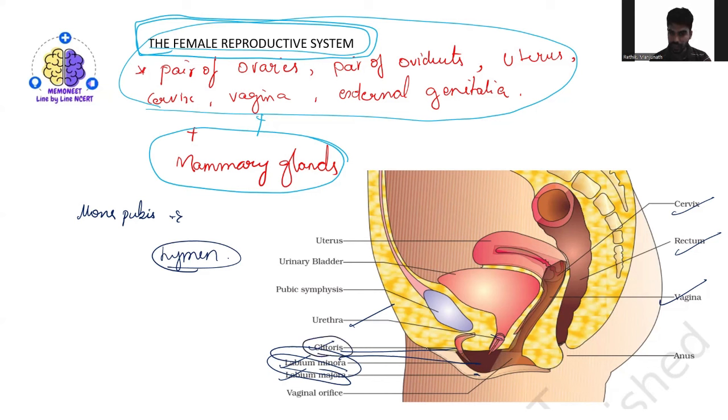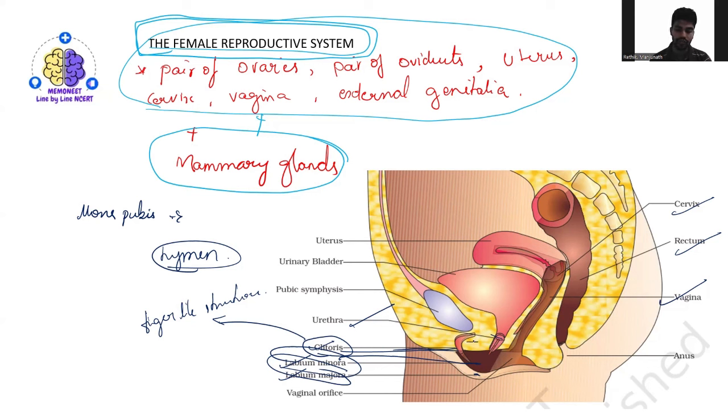As you can see, the clitoris is a finger-like structure which lies in the upper junction region. Next to that will be the hymen region.